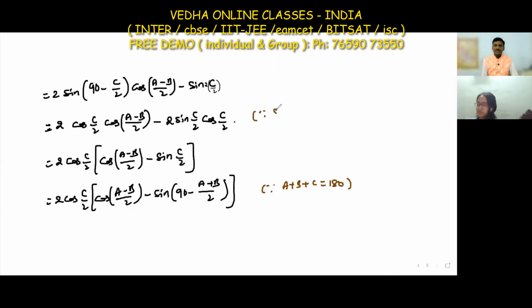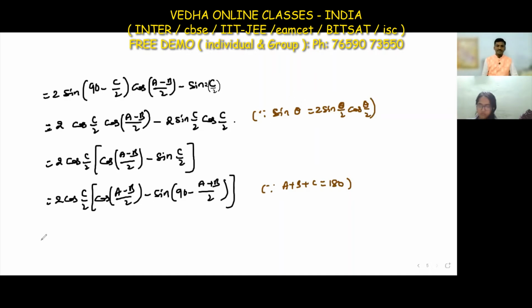And here we use the sin 2 theta formula. Sin 2 theta is equal to 2 sin theta cos theta, or otherwise you can remember sin theta is equal to 2 sin theta by 2 into cos theta by 2.